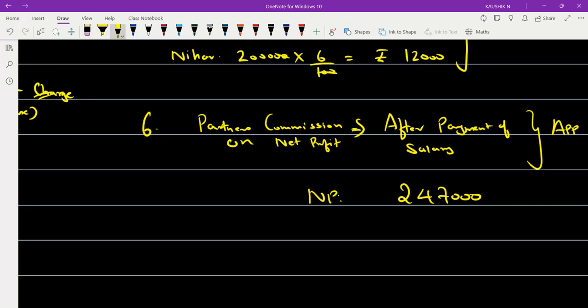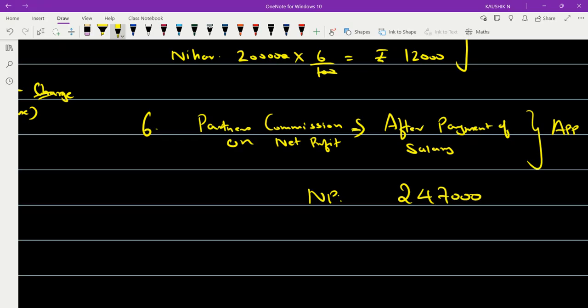So from this 2 lakh 47,000, if I eliminate the amount of salary, I'll be left with some value. And in that, I calculate 10 percentage, whatever is given in the question. That is what we need to check. So we need to do the calculations in such a way.